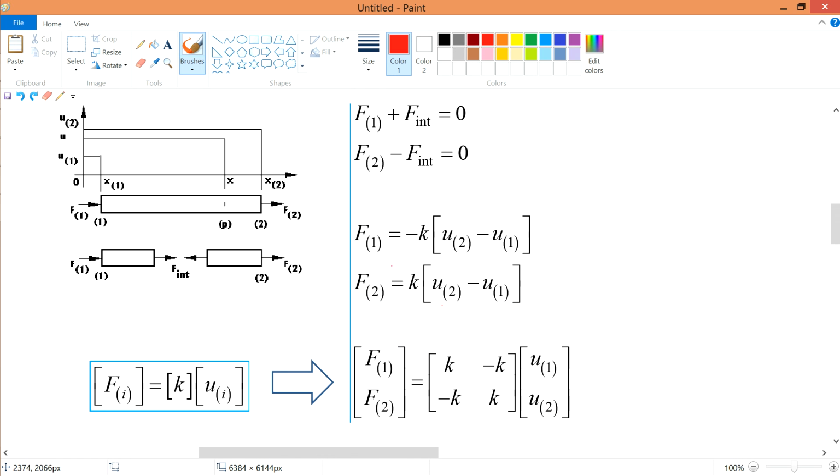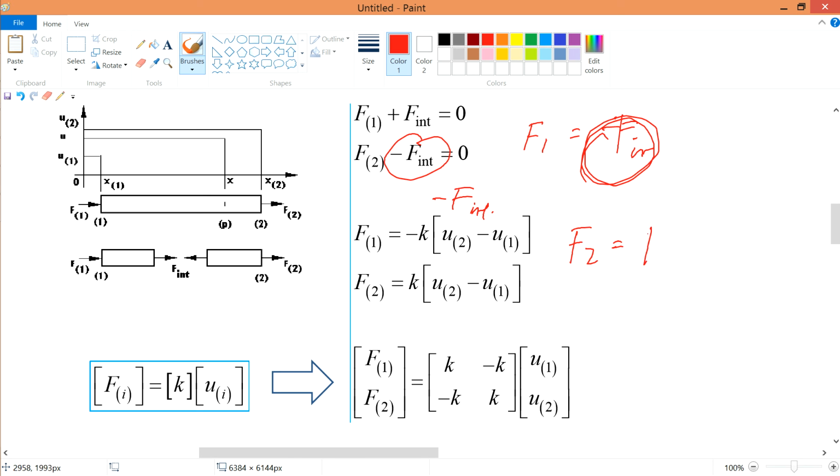You may ask me why this is negative. F1 is equal to minus F internal, because this is equilibrium, so you bring the F internal to the other side. Therefore the F internal is simply your K(u2 minus u1), where this is minus F internal. So far so good. Then F2 minus F internal equals 0, so this moves to the other side.